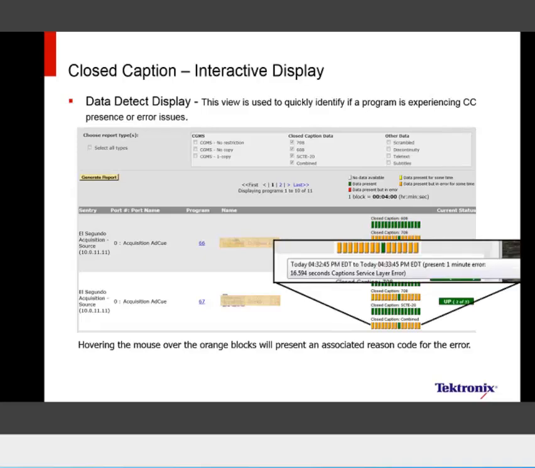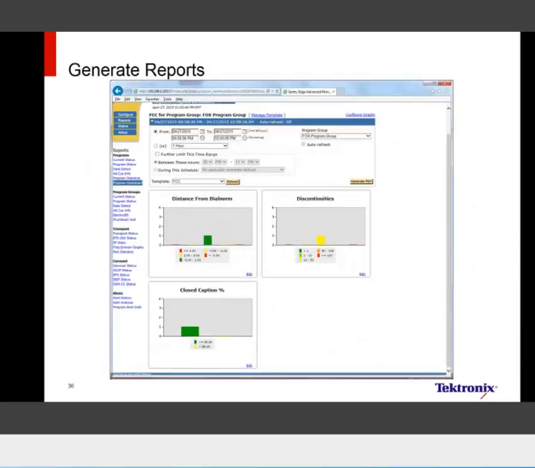We can then highlight and mouse over one of these blocks and look at a block of time, and it will tell you what was going on with that. We can also generate reports for given lengths of time and customize these reports.